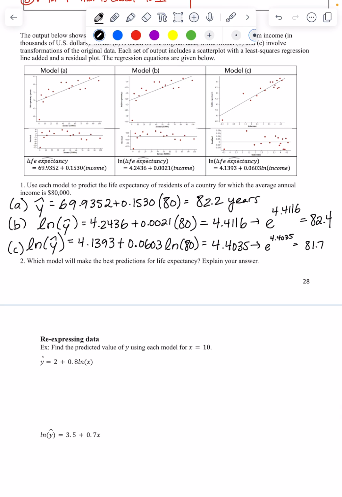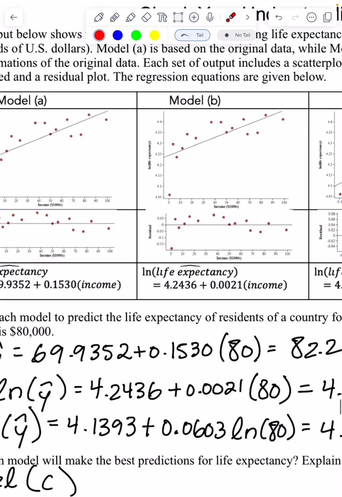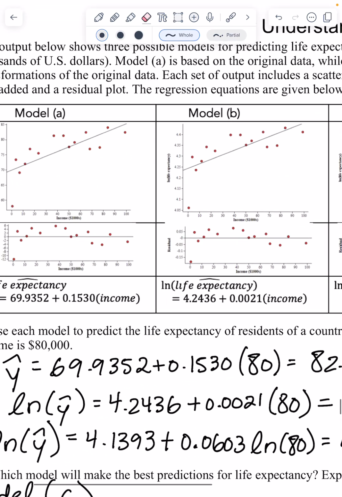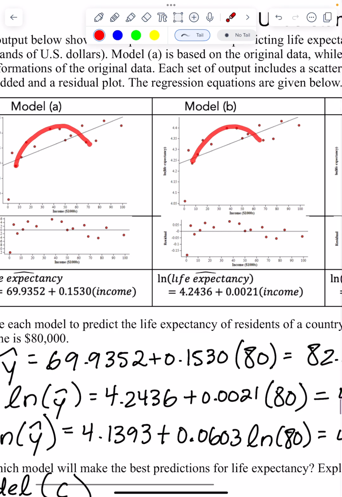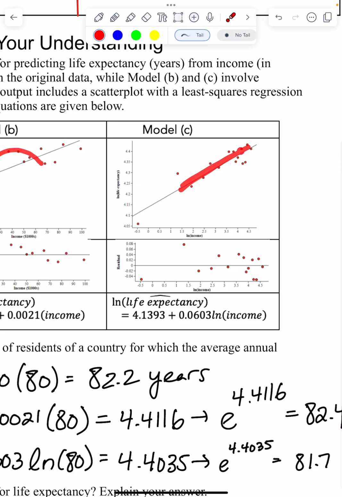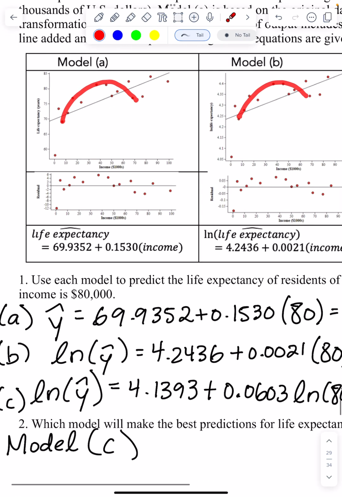Finally, which model will make the best predictions for life expectancy? I said Model C. 2 reasons. First of all, when you consider these scatter plots, I can see a faint but existent curve in these two. This one is pretty darn linear. I'm not seeing a pattern here. And the same thing is true of the residual plots.